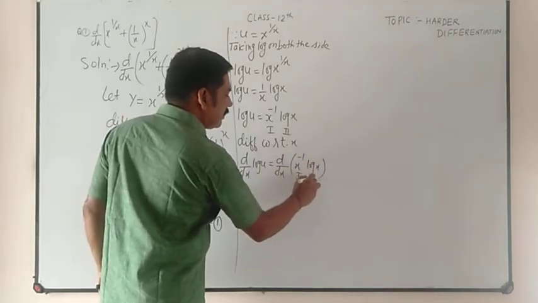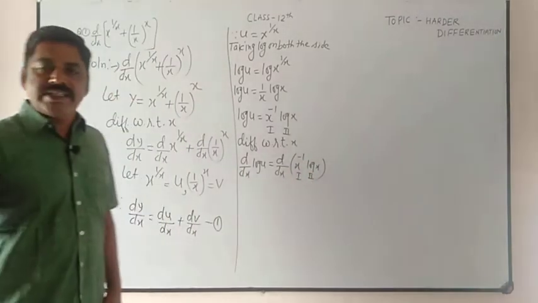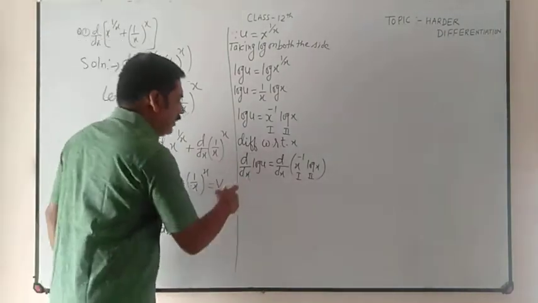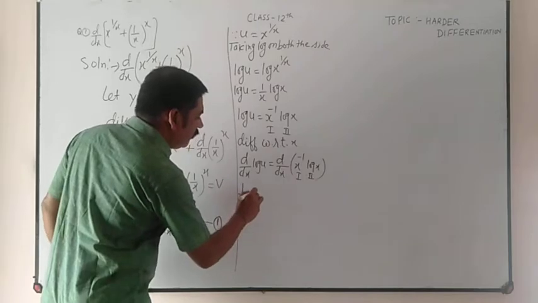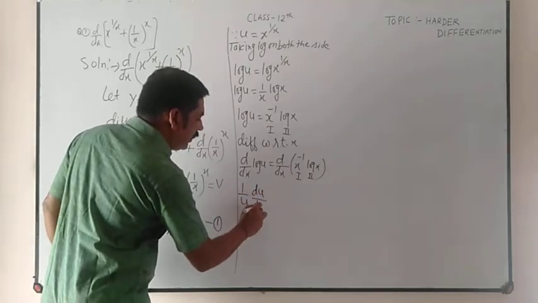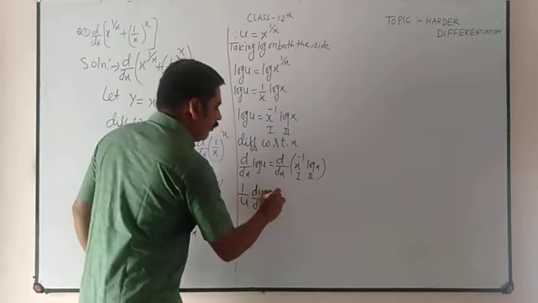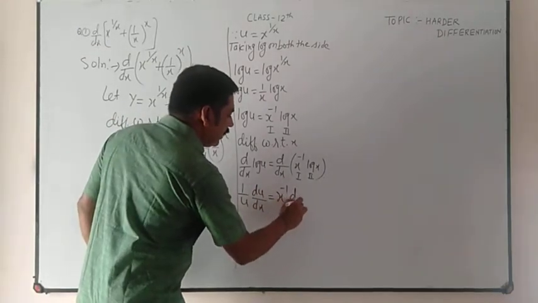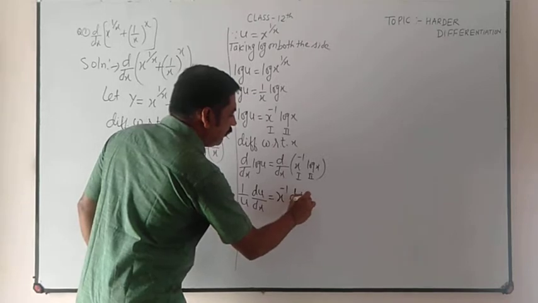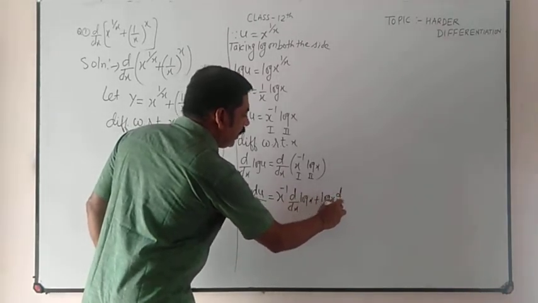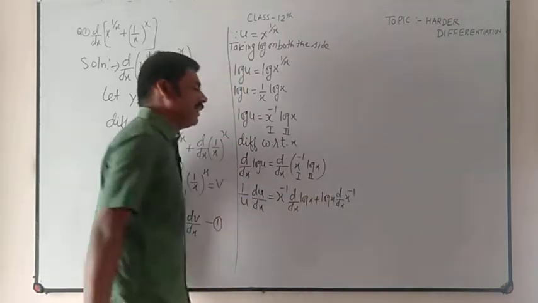Now x inverse is the first function and log x is the second function. Clear? So differentiation of log u with respect to u is 1 upon u du upon dx. Now apply product rule: first function into differentiation of second function plus second function into differentiation of first function.